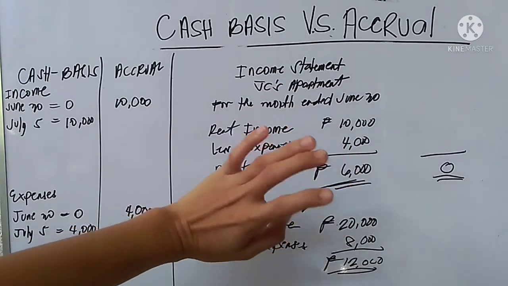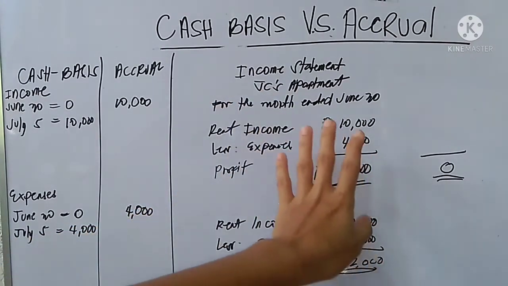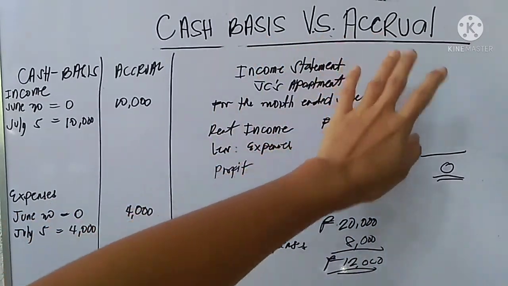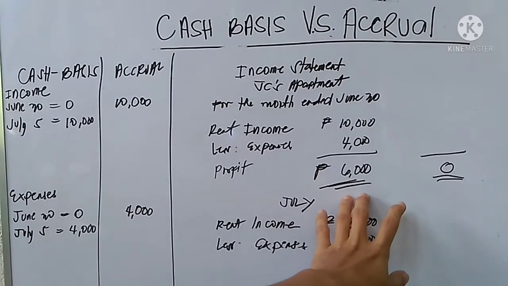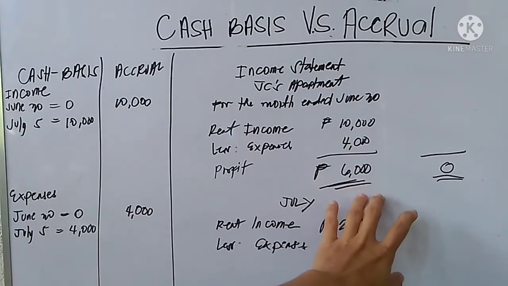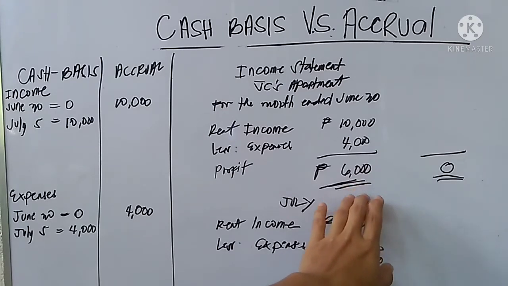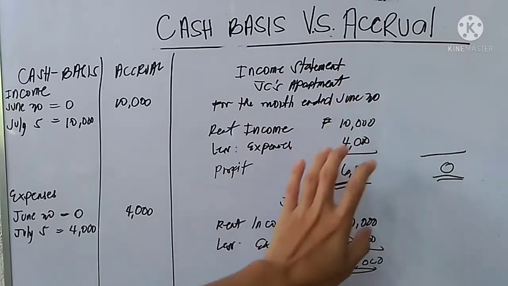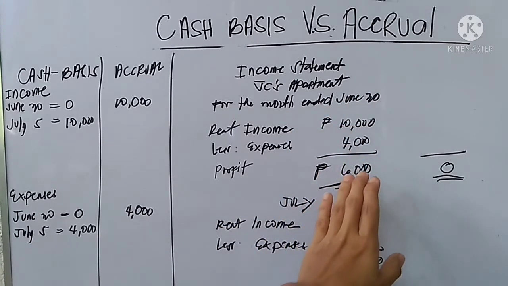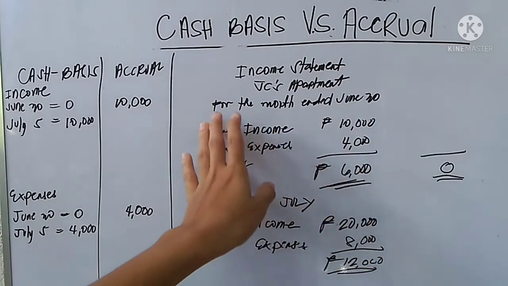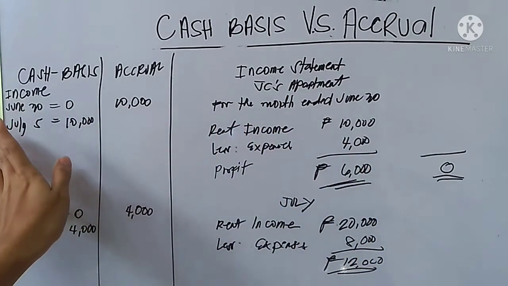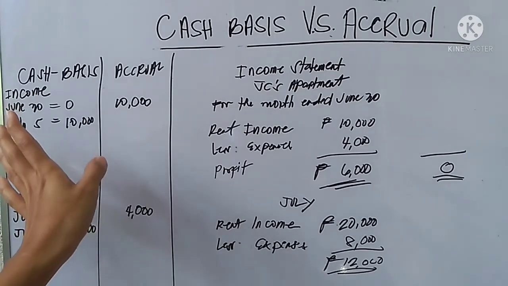So as you can see, in our comparison on the income statement of these two, you can clearly see that it is very accurate that you have a 6,000 profit. Nakikita mo yung nagiging profit mo for the month of June 30, which is yun naman talaga yung dapat mong maging profit kasi nga the rent income is June 1 to 30 na rent ni tenant yun.